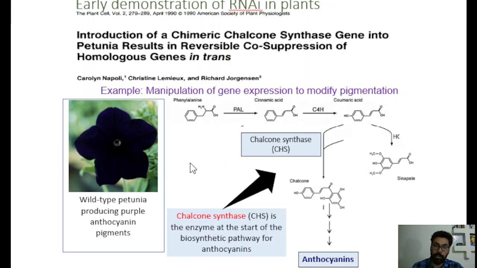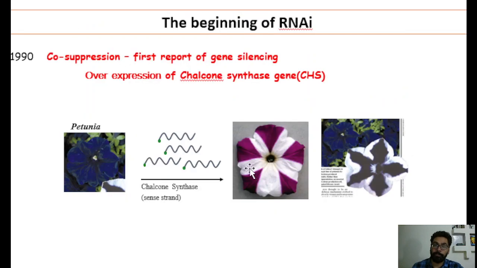So scientists thought that if we overexpress this gene, we will get a more pigmented flower. But to their surprise, instead of more color from chalcone synthase, it resulted in variegated phenotypes.